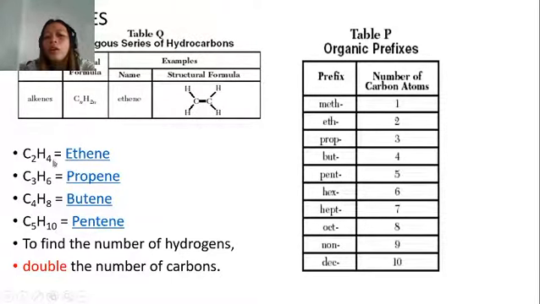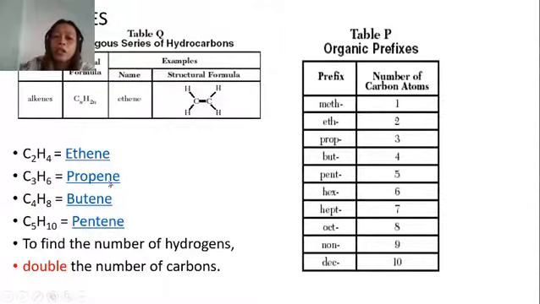So for prefixes, please familiarize this one. The same na nasa ligapon, carbon atoms: meth 1, eth 2, prop 3. So C2, ethene. Kung isa lang ka carbon atom, you have the methane.